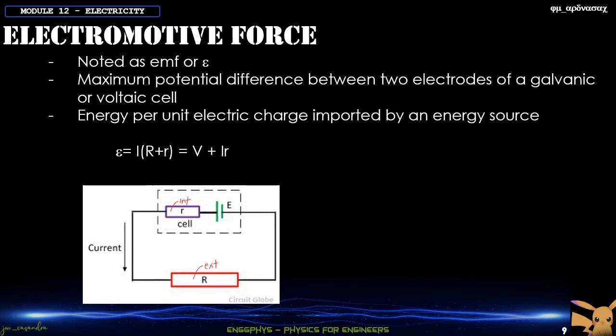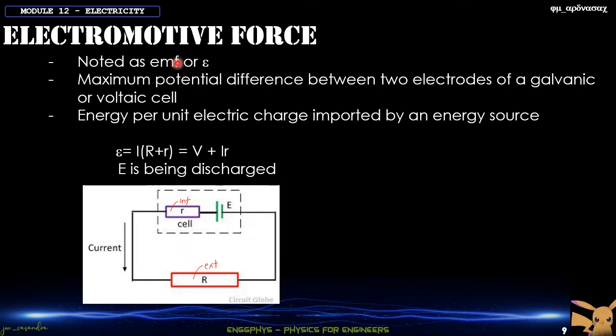So, with that, we could write that the EMF is equal to the current flow times the sum of your internal and external resistance. So, this is taken from your Ohm's law. So, if we're going to distribute your current, I times R is equal to the voltage, so E equals V plus I times your internal resistance. Okay? So, this is when our source is being discharged, meaning it is moving from negative to positive.